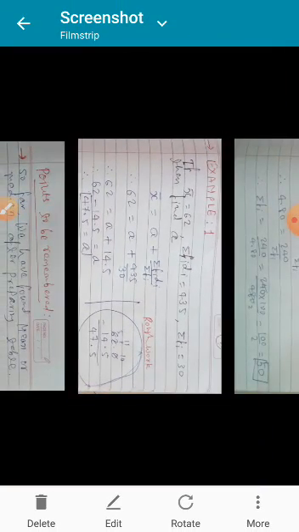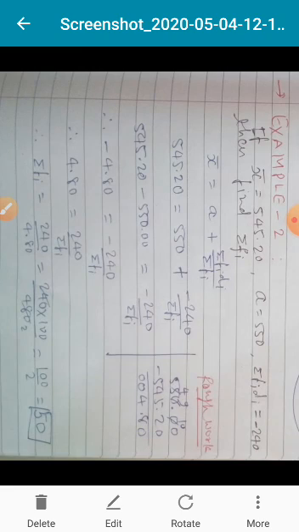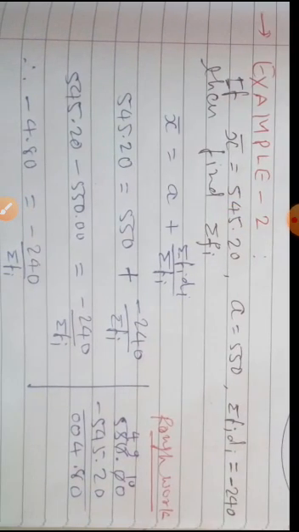Now just like this, example number 2. You can see again x bar is given, a is given, sigma fi di is again given, find sigma fi. So this is again the formula of the assumed mean method. By observing only the given data we can decide it very easily.